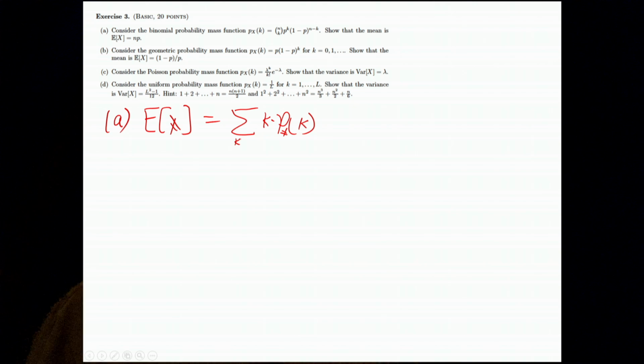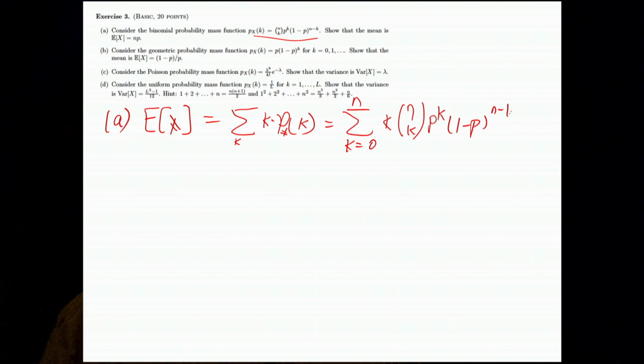And for the binomial, we know the k is from 0 to n. And all possible outcomes is still here, k. And the PMF is n choose k, probability p to the k times 1 minus p to the n minus k.